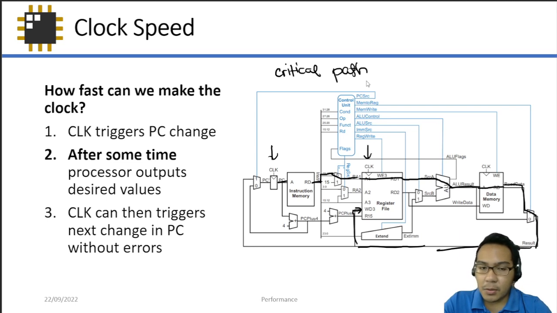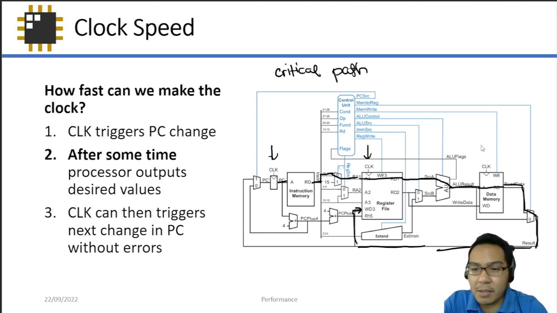And if you turn to sequential circuits, then this critical path is the one that decides how fast your clock can be, because there's things like hold time, and there's things like combinational delay, there's clock to Q delay. So all of those have to be taken into account for the single cycle processor for us to decide how fast the clock speed can be.